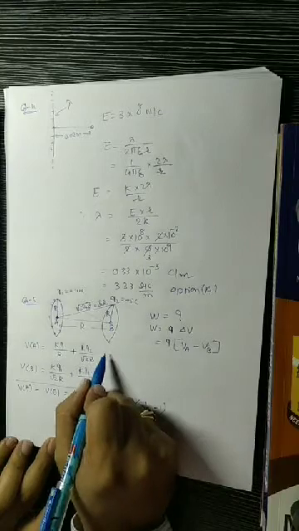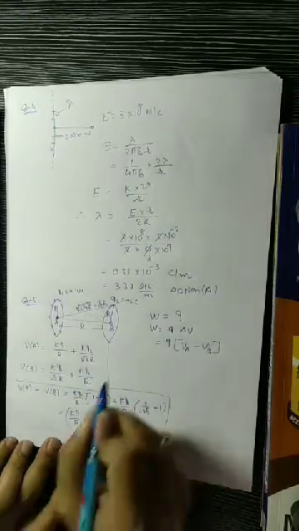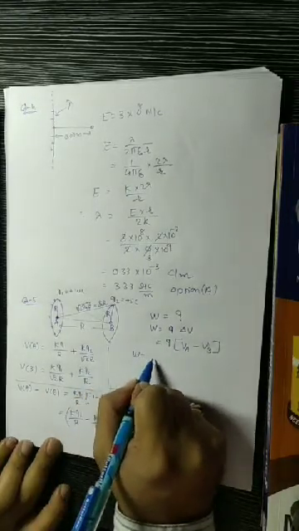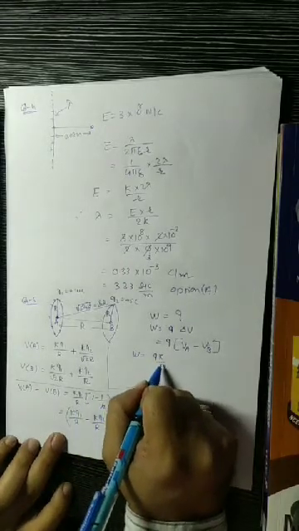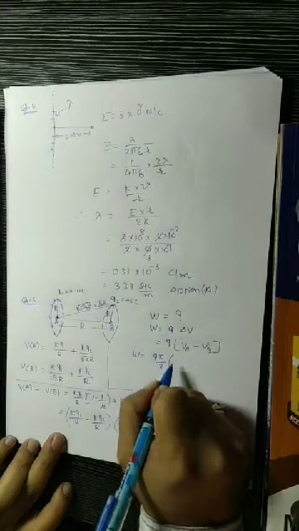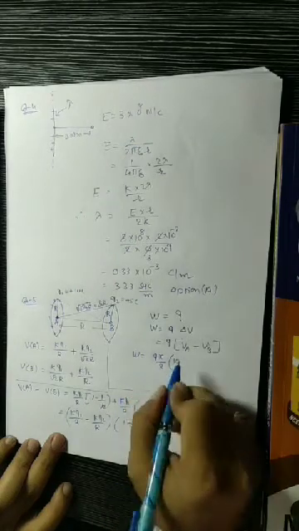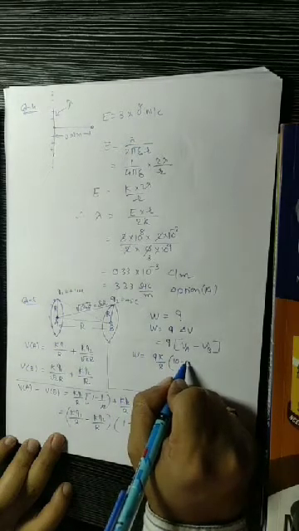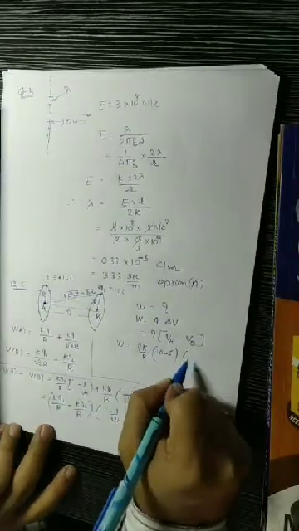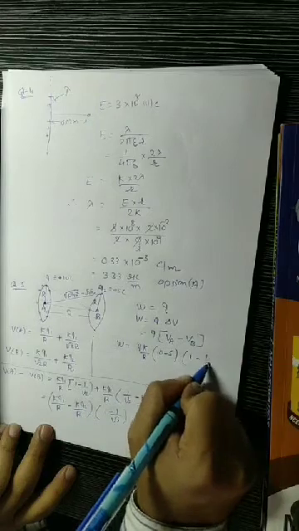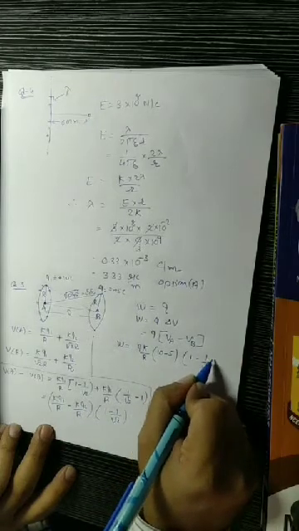So if we put this over here, W is equal to q, K upon R common, Q1 is 10 minus Q2 is 5 in bracket, this is 1 minus 1 upon root 2.